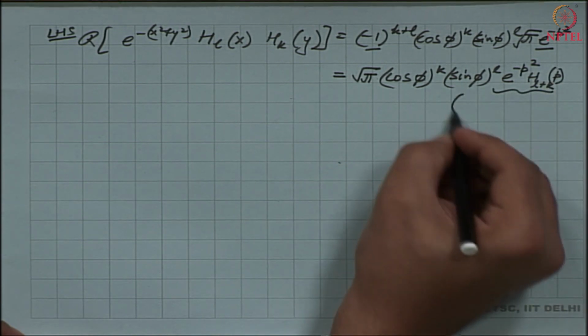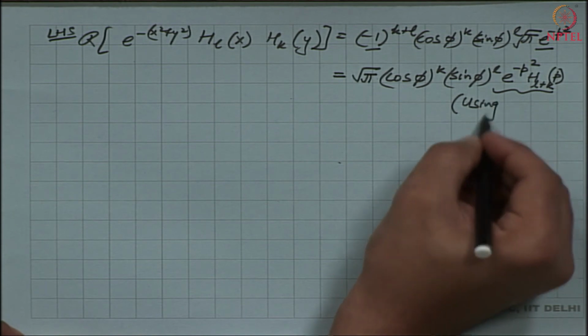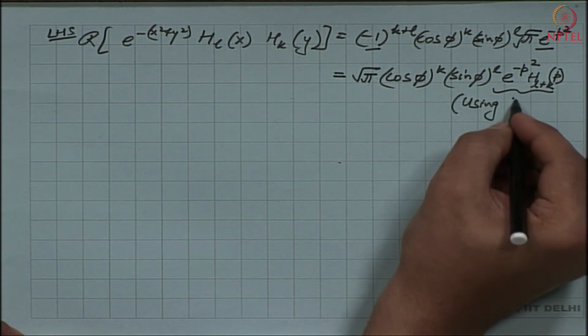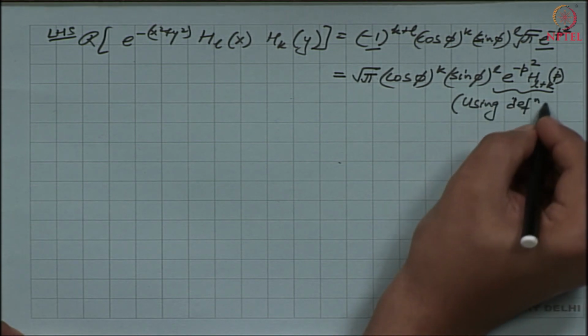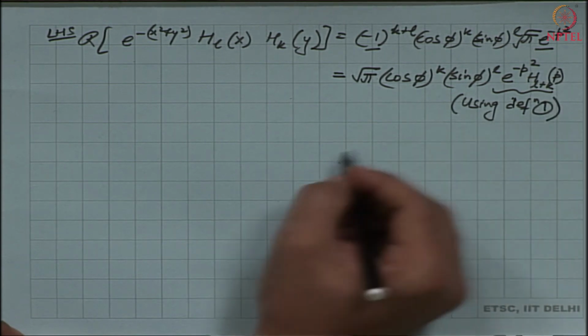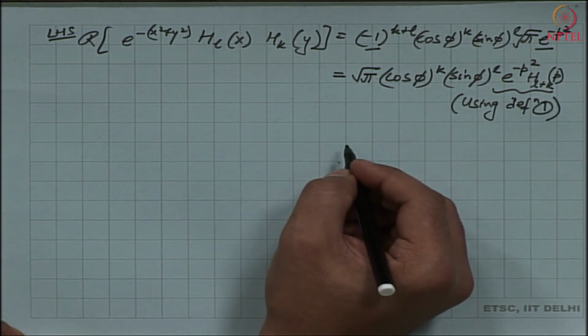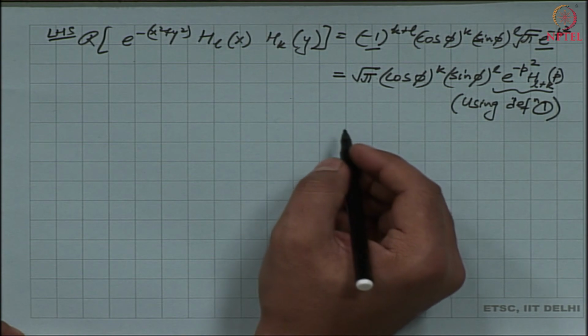So, I get this result using my definition of Hermite polynomial given in 1 in this problem. So then the result follows.